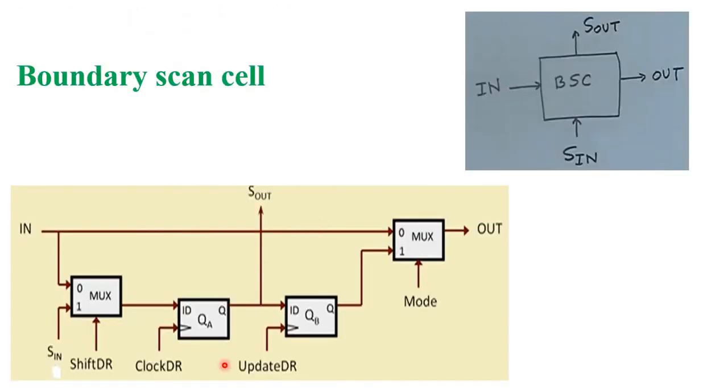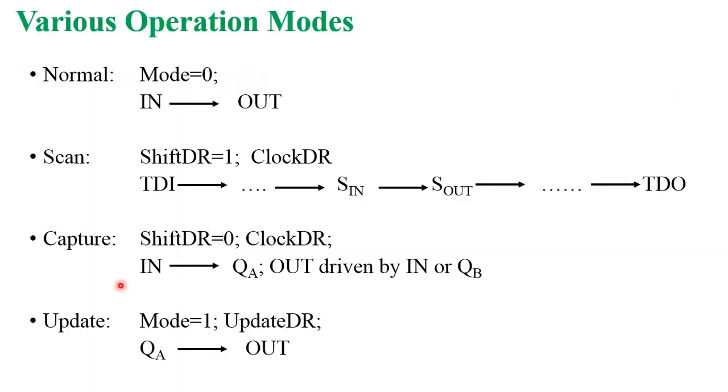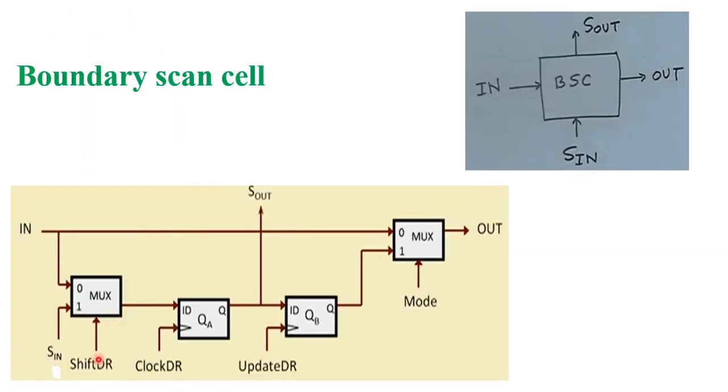And the next mode is called the capture mode. Capture mode is nothing but shift DR is 0. If shift DR is 0, then in is selected. So in is selected, and this data is shifted to the D flip-flop and sent out to the S out, as well as fed to the D flip-flop.